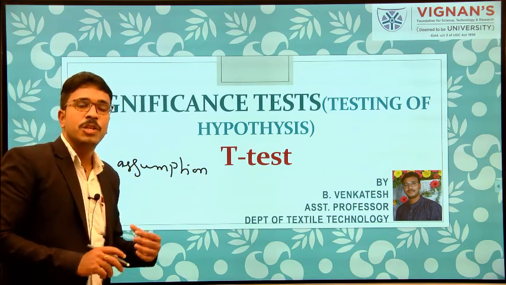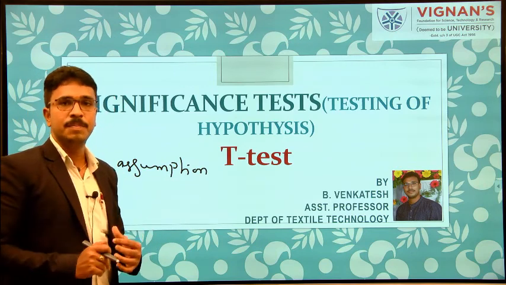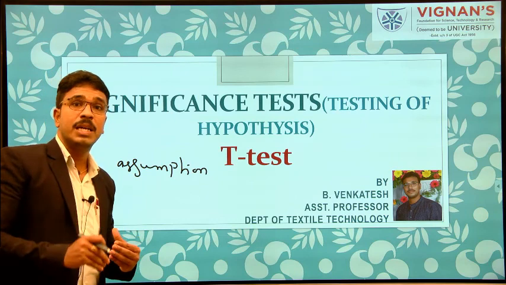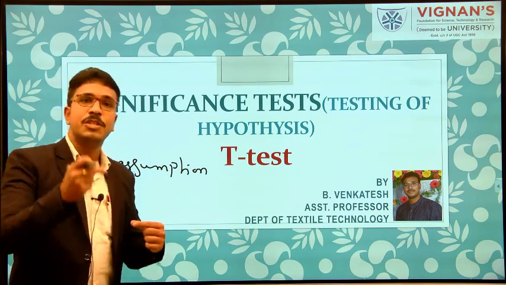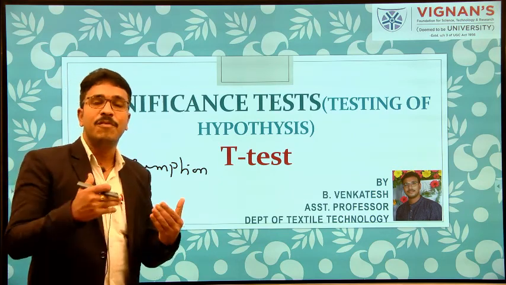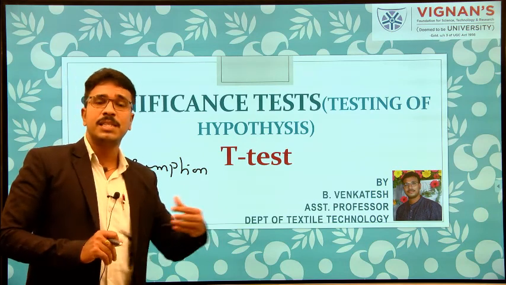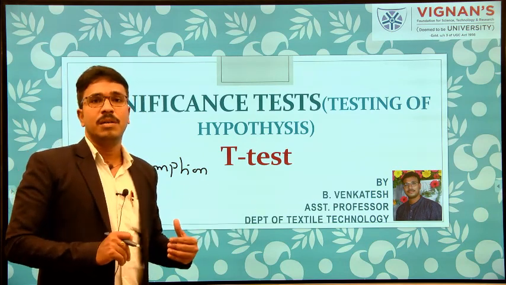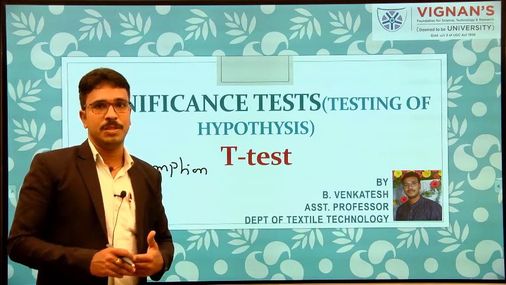That means you are assuming something about the population, based on the evidence provided by the data. After assuming, we test our hypothesis, and finally we give the conclusion, whether we accept the null hypothesis or the alternative hypothesis.